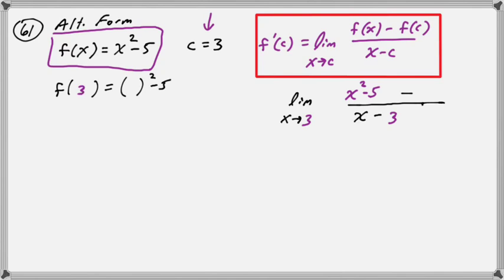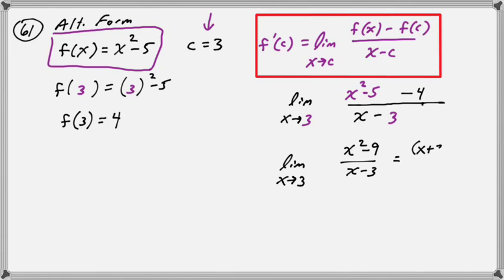You'd replace the c with the 3, and I think f of 3, or f of c, would be 4. So I put a 4 here. That makes this x squared minus 9 over x minus 3 as x approaches 3.